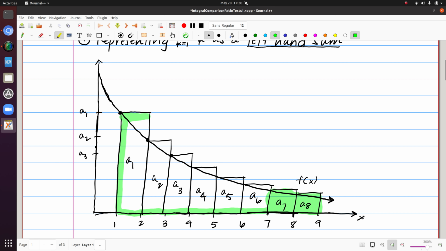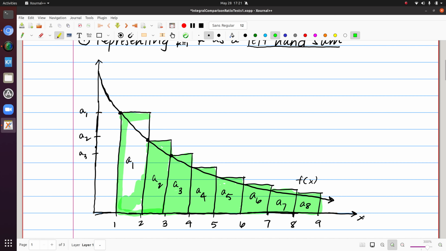And I want to emphasize that it's the area of these rectangles that is equivalent to the infinite sum I have here. And what I want to start to think about is how the area that I'm highlighting in green relates to the associated area under the curve f of x.